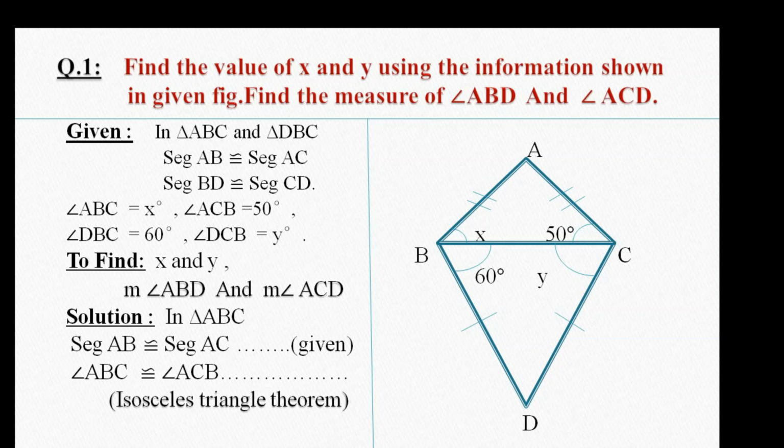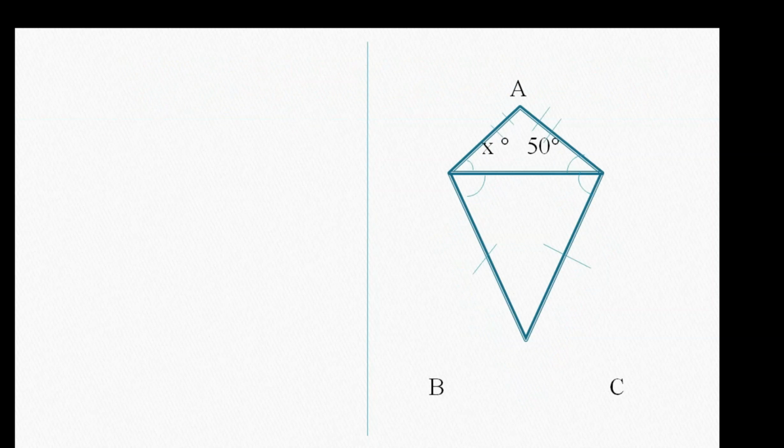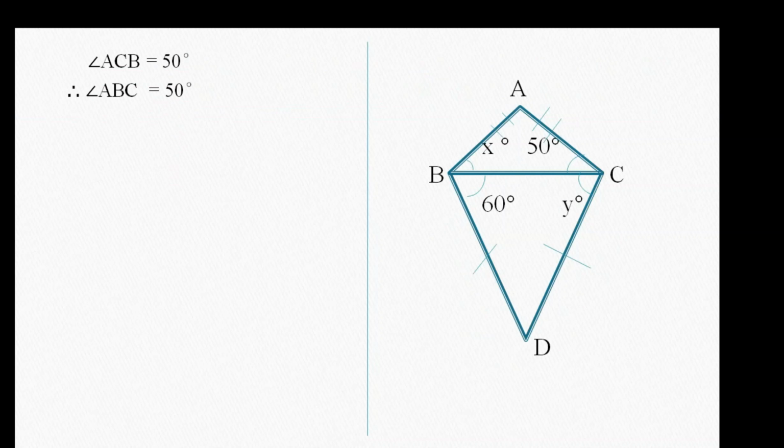Clear? Now the figure is the same figure which I repeat. Now ACB is given to you as 50 degree. Therefore angle ABC also becomes 50 degree, because by the isosceles triangle theorem the base angles of an isosceles triangle are congruent. That is, x we are getting as 50 degree.